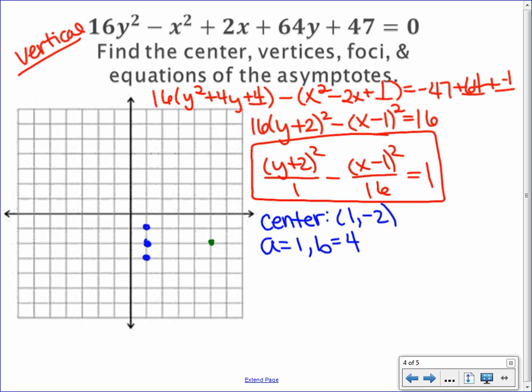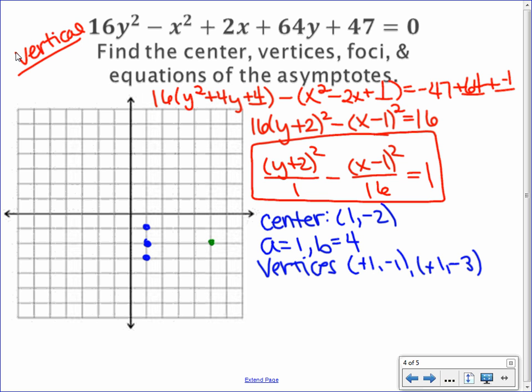Let's write our vertices first, though, because those are important. So our vertices are 1, -1 and 1, -3. I don't know why I put negative there. Sorry, thank you.